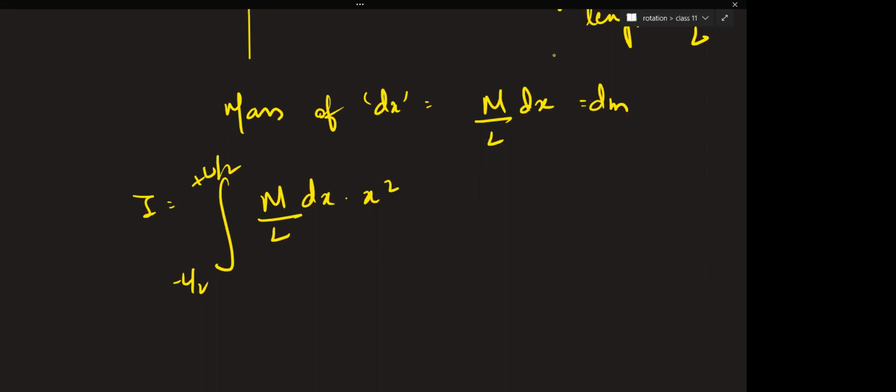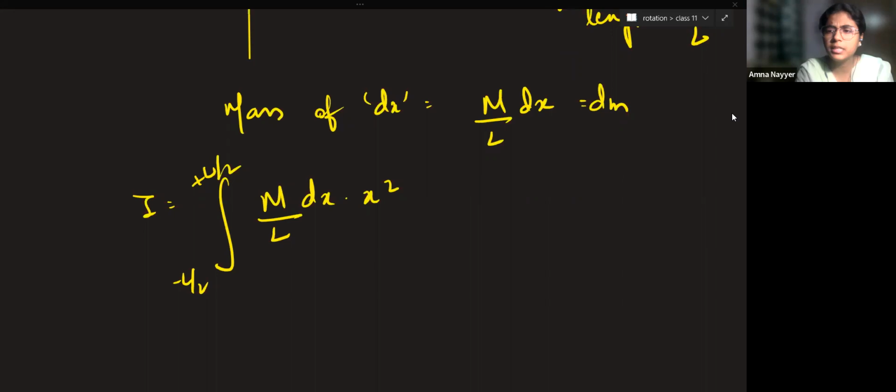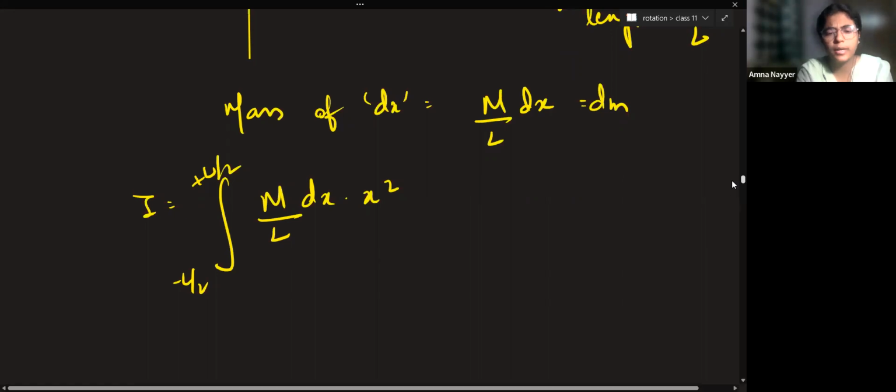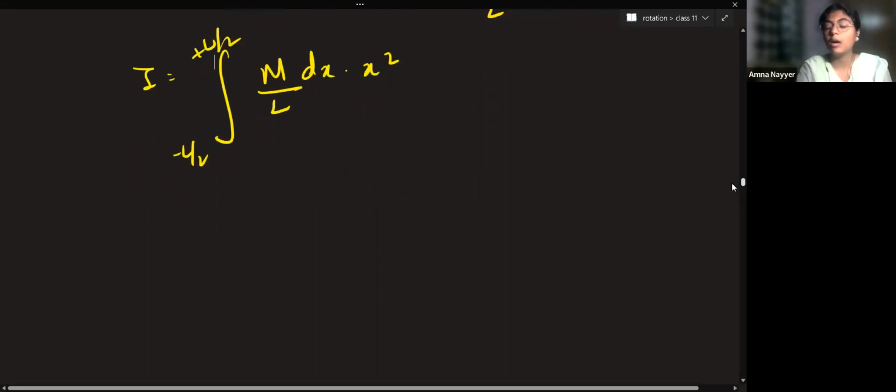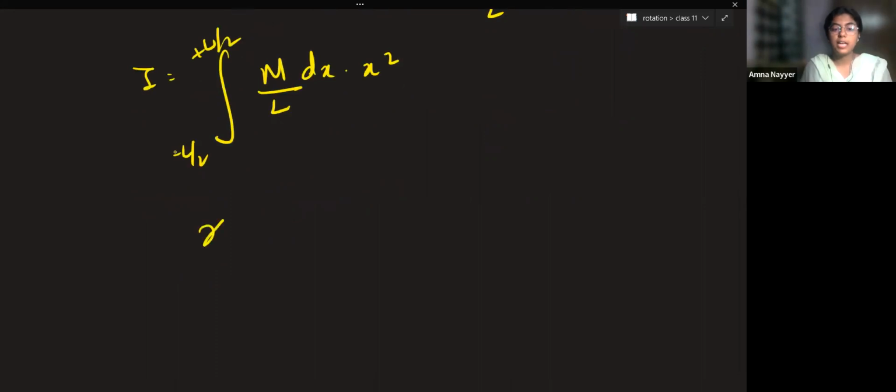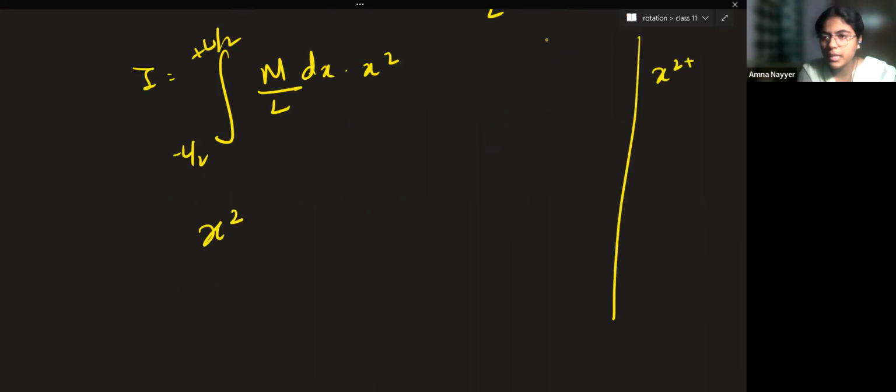Yes, ma'am. Okay, good. So now simple integration will involve what? x square is given. So how do we integrate this? See, x to the power 2 is given. So this will become plus 1 divided by this term, that is 2 plus 1.